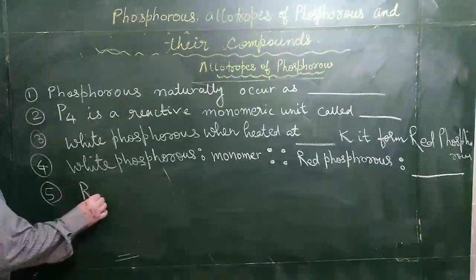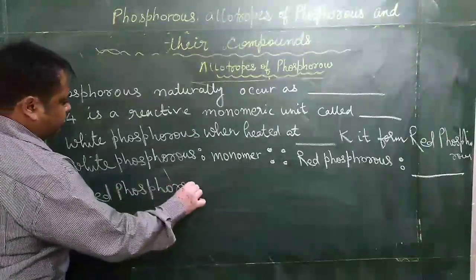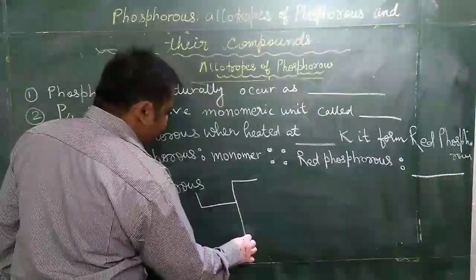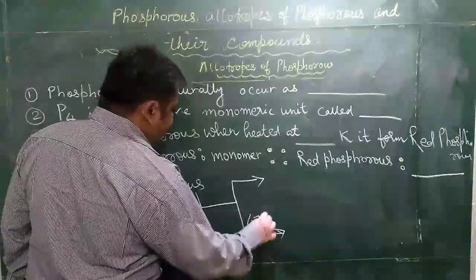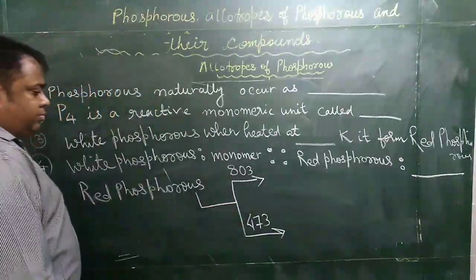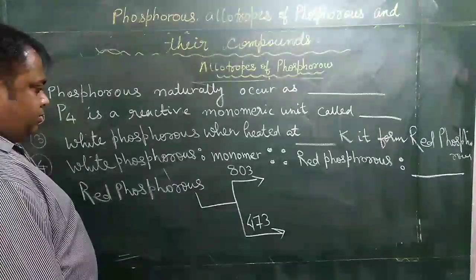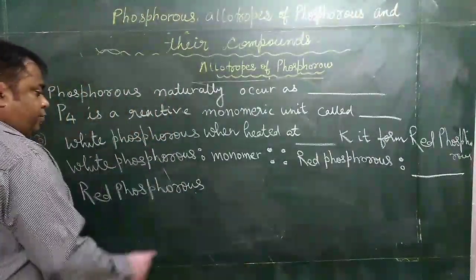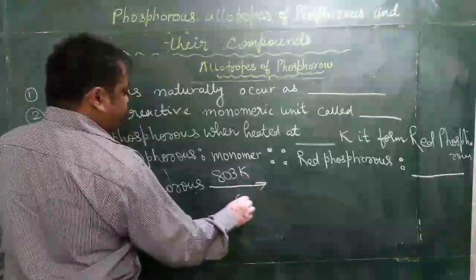Red phosphorus heated at 473 Kelvin and heated at 803 Kelvin. Red phosphorus heated at 803 Kelvin gives what?